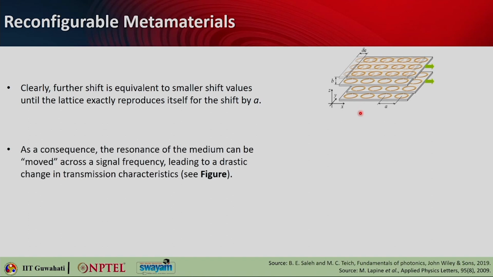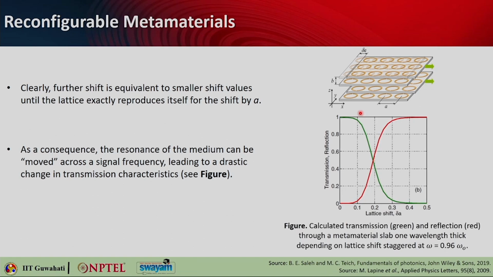So, what you have seen here is that because of this kind of shift, the resonance of the medium has moved across the single frequency, and that will bring a dramatic change in the reflection and transmission characteristics of this metamaterial. Here you can see the calculated transmission curve, the one in blue, and the reflection curve in red.